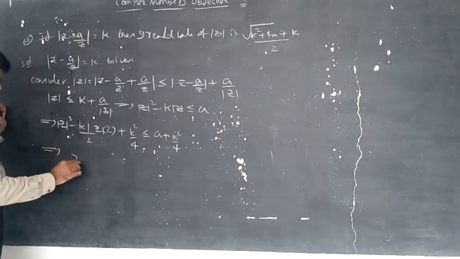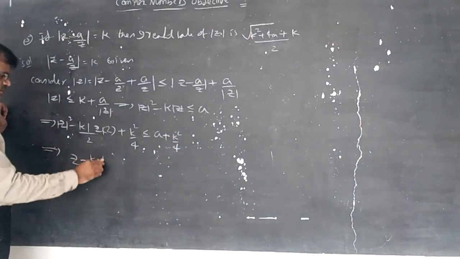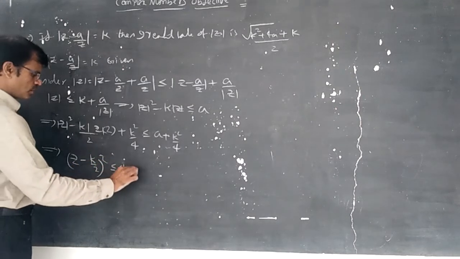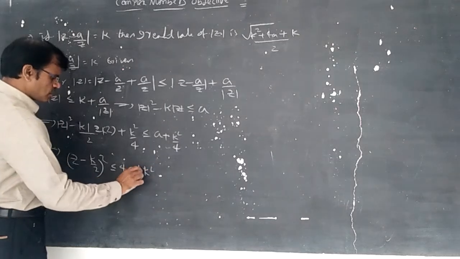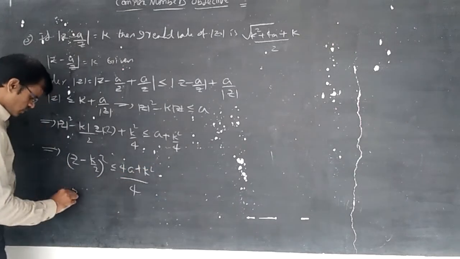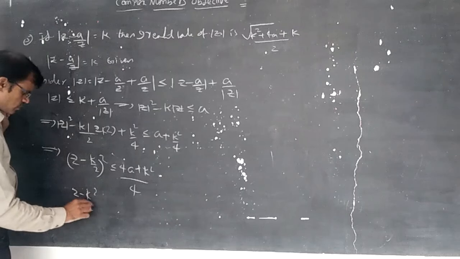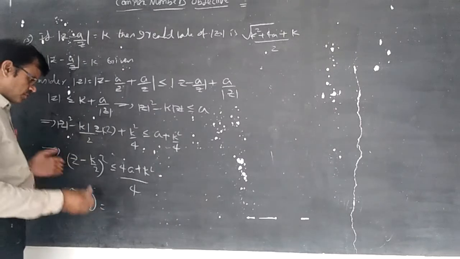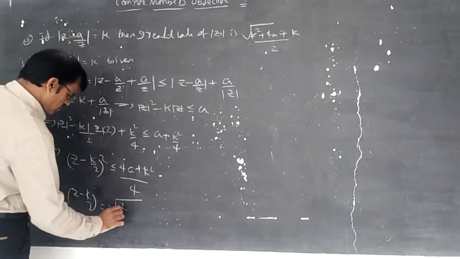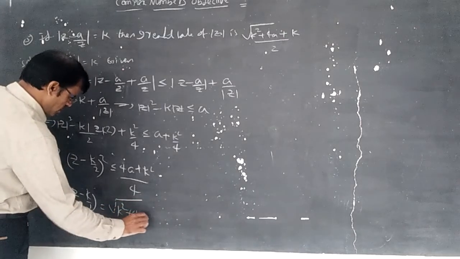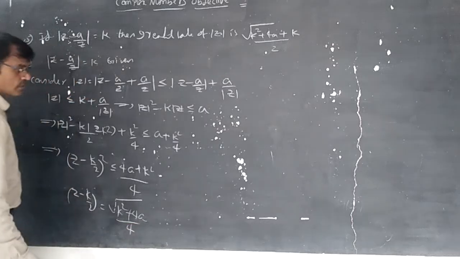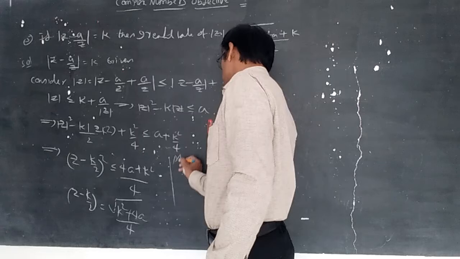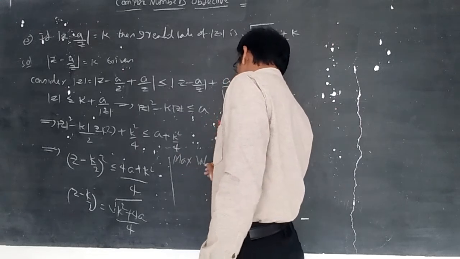That implies this is of the form (mod z minus k by 2) whole square less than or equal to (4a plus k square) whole by 4. So taking the positive square root of (k square plus 4a) by 4, max value means plus, min value means minus.